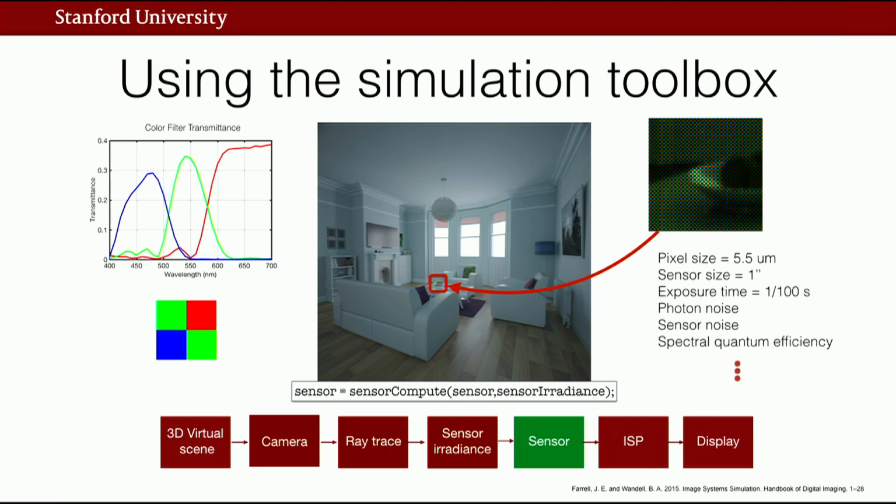You can also specify different parameters, such as the pixel size or the sensor size, the exposure time, and different types of noise properties. The sensor and ISP simulations are all part of the ISET toolbox, which is one that we've also developed and attached to this toolbox. I'd like to also add that a lot of these parameters can be measured directly from a real physical camera. So if you have a camera on hand and the right equipment, you could simulate that camera specifically.